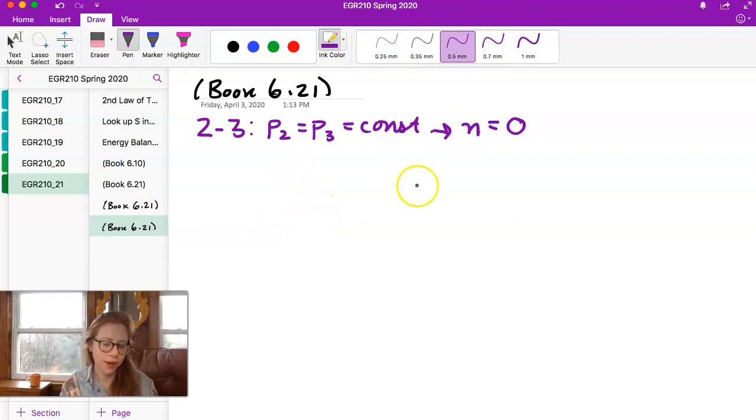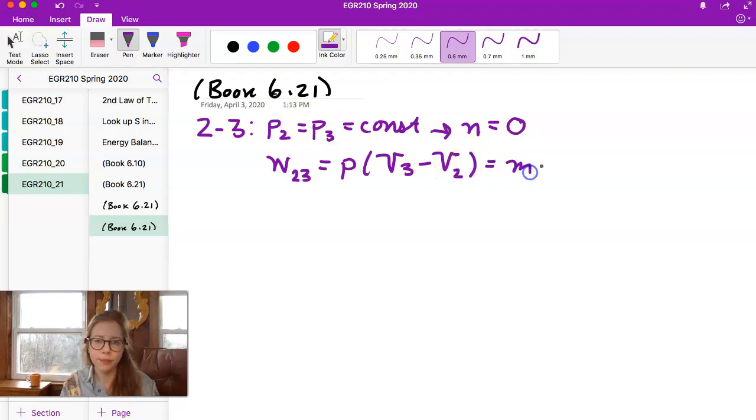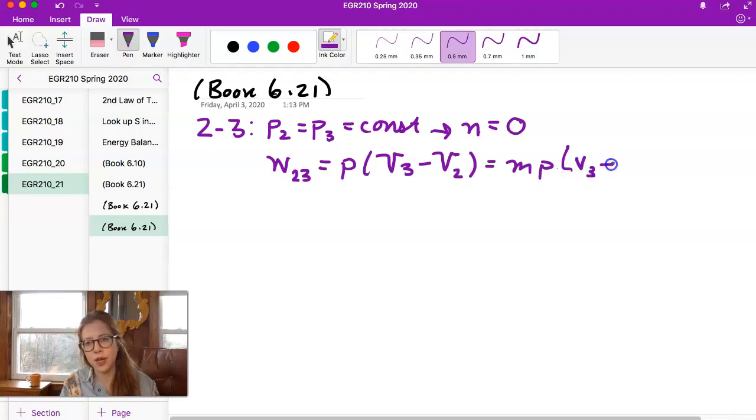So W23 is going to equal P delta V, which is going to be M P times the change in specific volume, so little v3 minus v2. And v2, once again, we are going to need to interpolate to get.